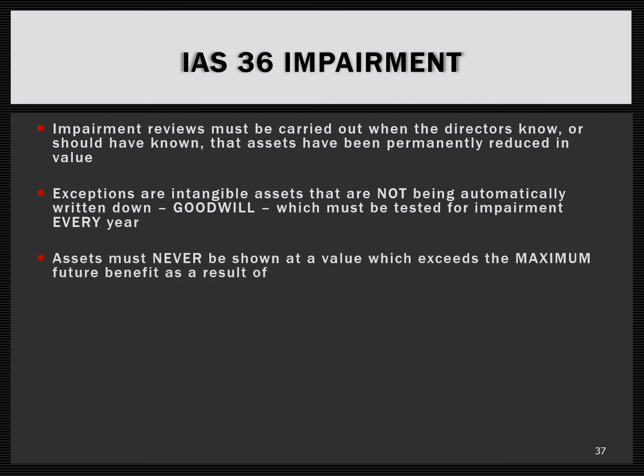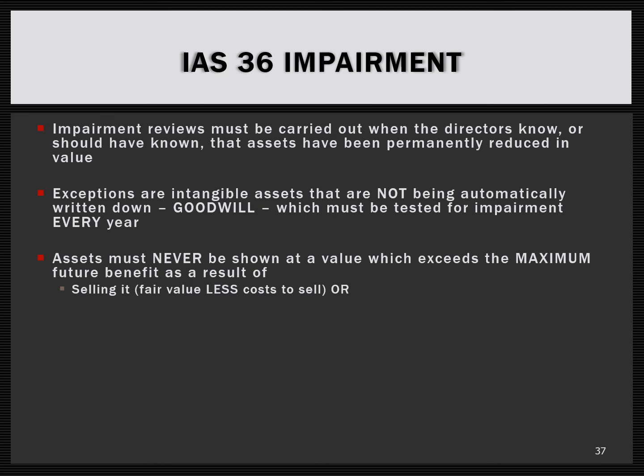And remember, we cannot show an asset at more than the amount of the future economic benefit that the business is going to derive from that asset. And that future benefit is going to be one of two things: either what we can sell it for, and remember in this case we deduct any selling costs from the selling price, and that's not the same as the revaluation under IAS 16.